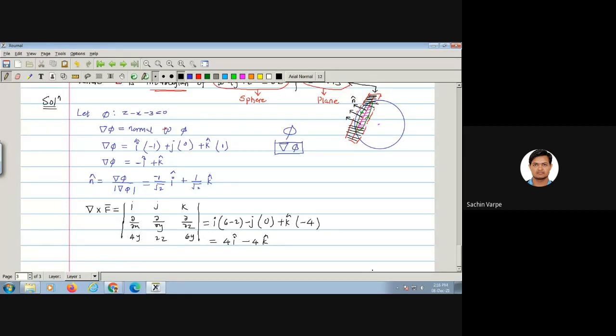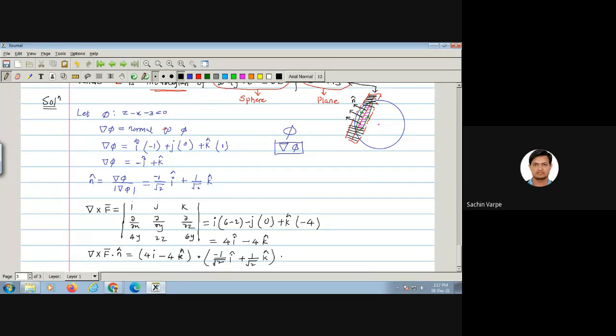So what is del cross F bar dot n cap here? n cap is this. So we write del cross F bar is 4 i cap minus 4 k cap, dot product with n cap. n cap is minus 1 by root 2 i cap plus 1 by root 2 k cap.